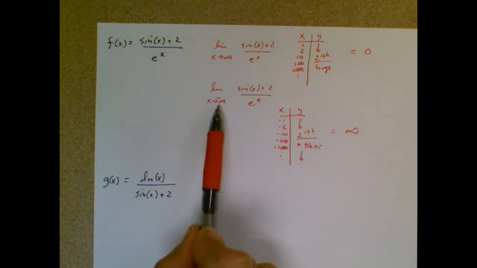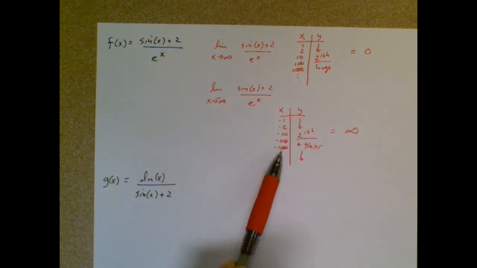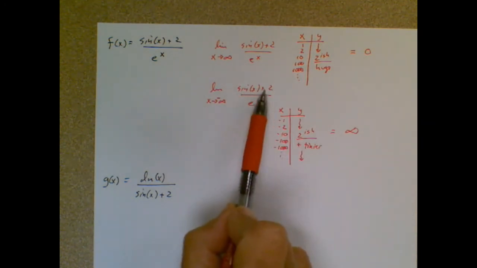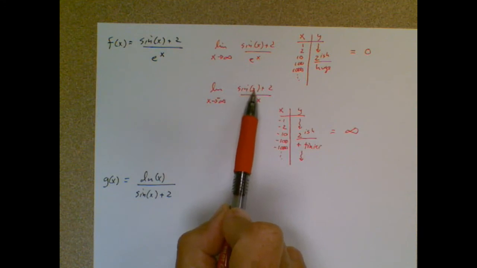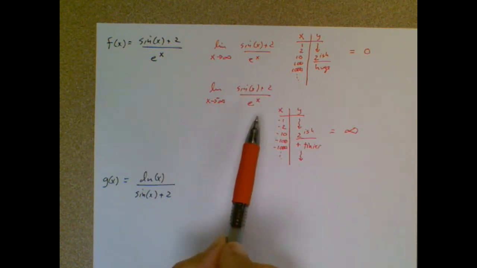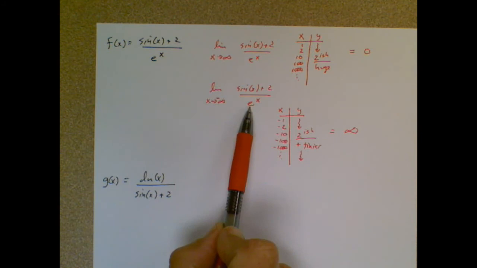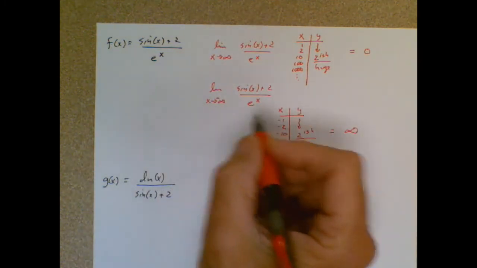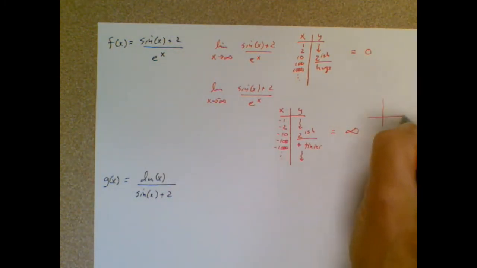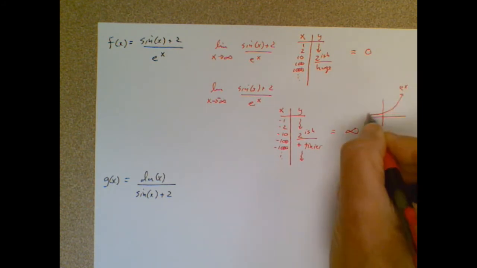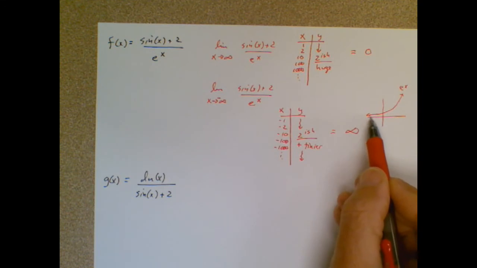As I approach negative infinity, now my numerator stays around 2 because 2 plus 0-ish. My sights turn to the denominator. As I'm approaching negative infinity, e to the x is getting very small. Remember, e to the x looks like this, and as I approach negative infinity, these y values are tiny.